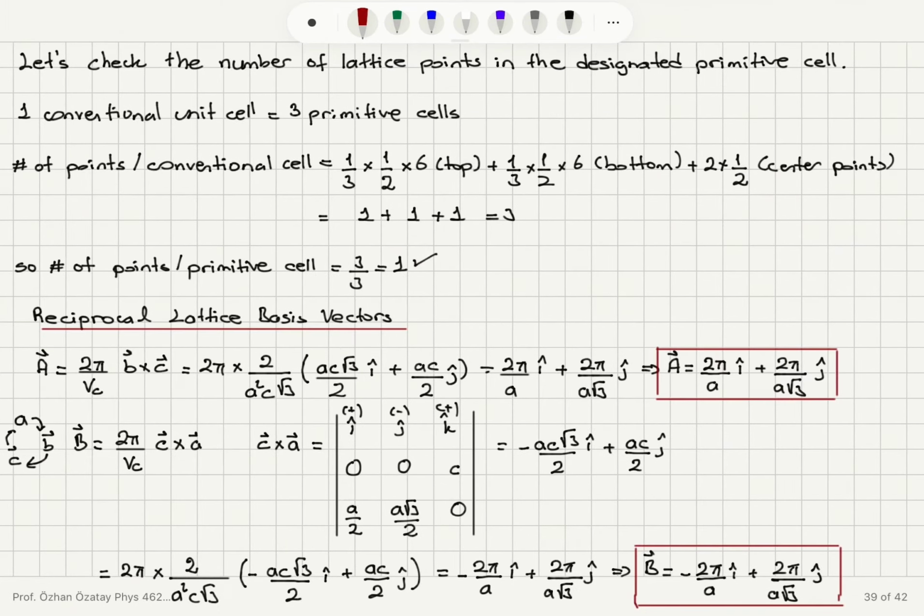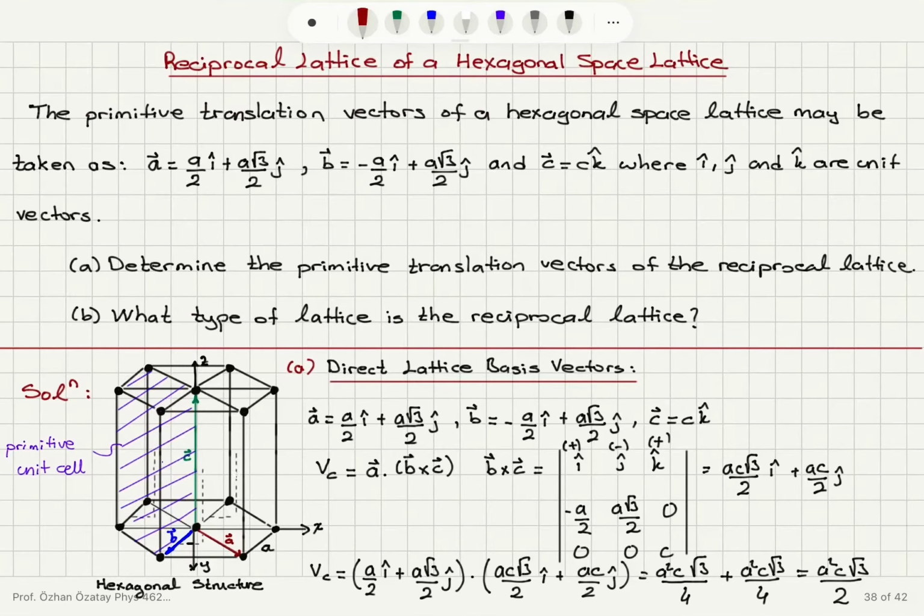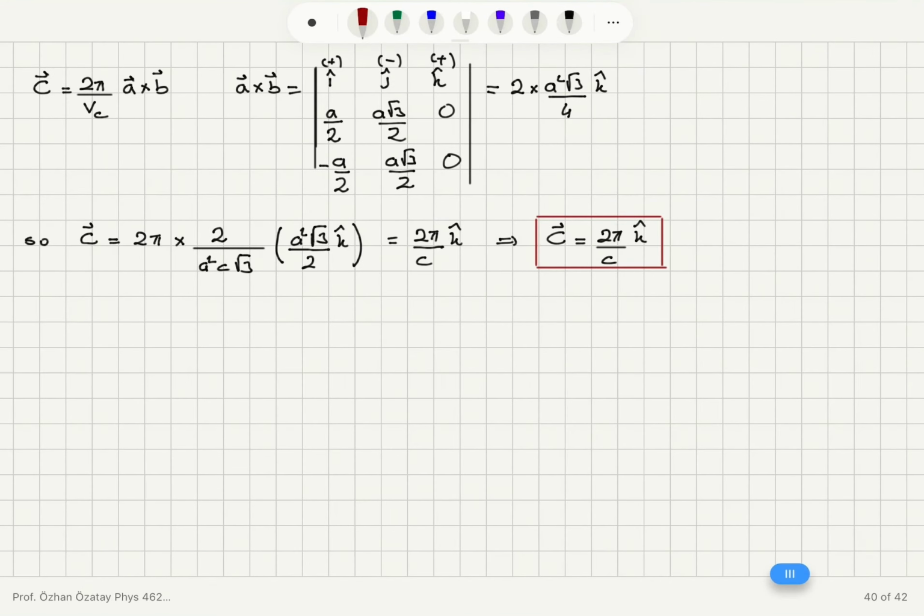Okay, now part B is asking us what type of lattice is the reciprocal lattice. So we're going to investigate the lattice defined by these three primitive translation vectors. So let's compare the direct lattice vectors with the reciprocal lattice vectors.